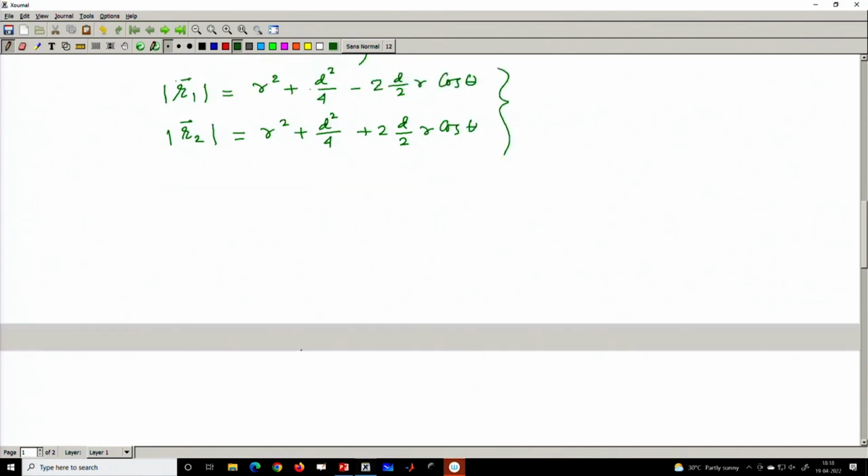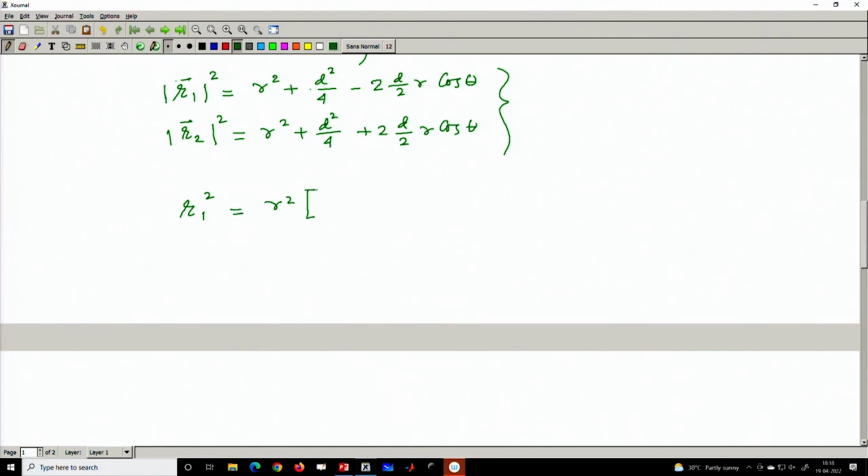Okay. Now, R1 square, otherwise I should put it to the power half, I can write in this way.